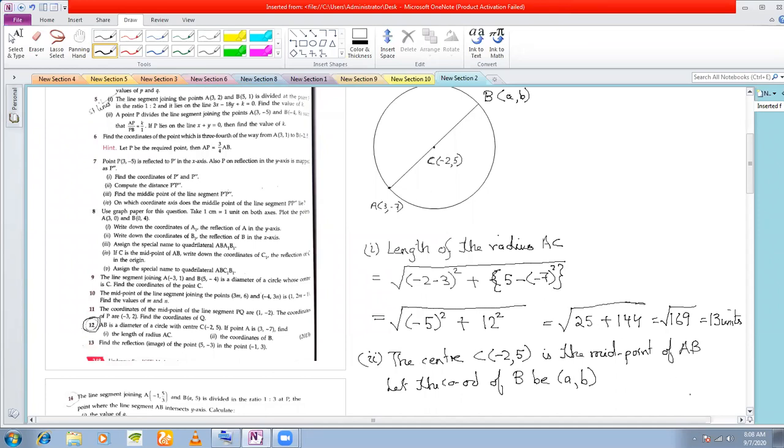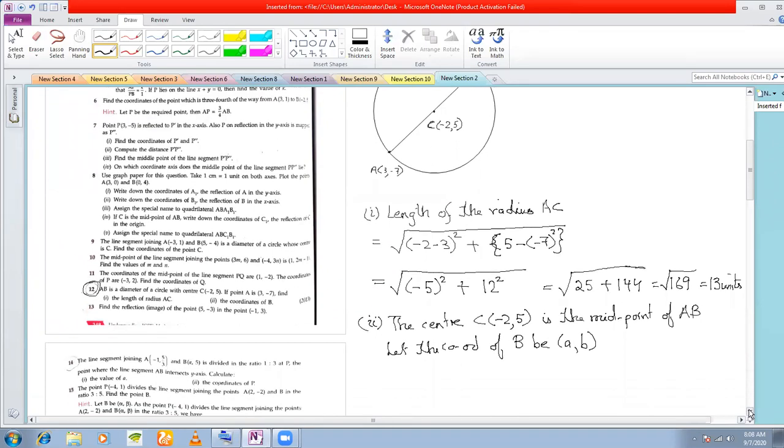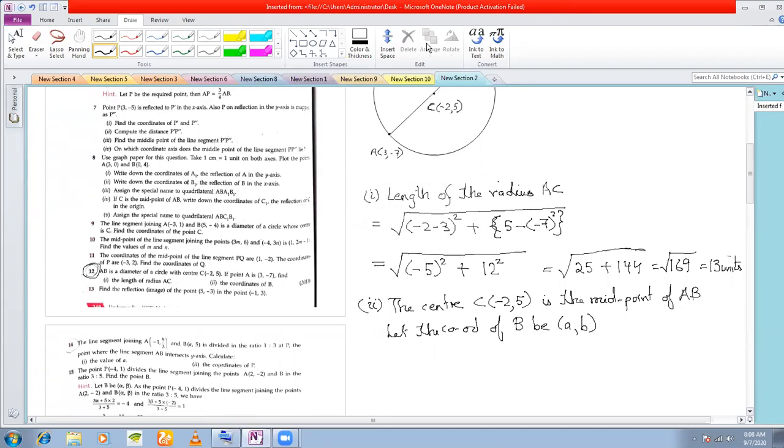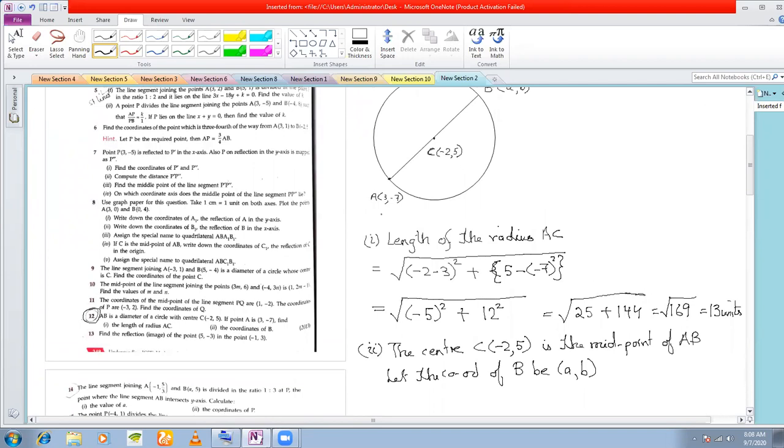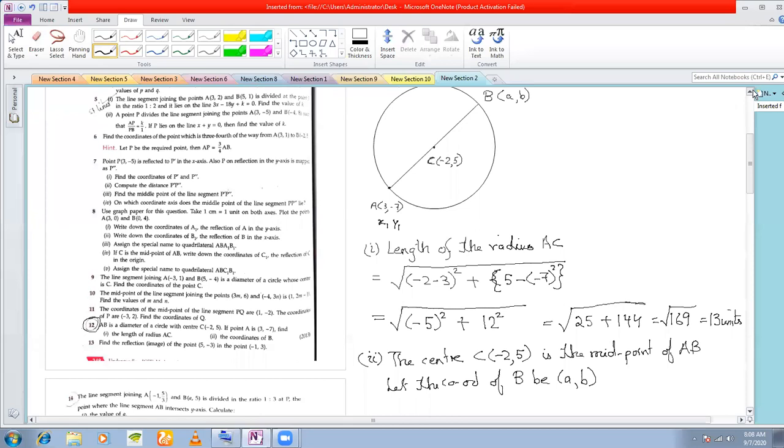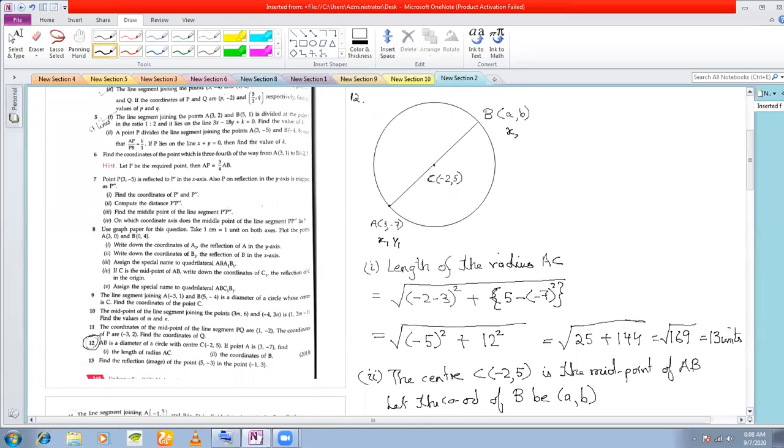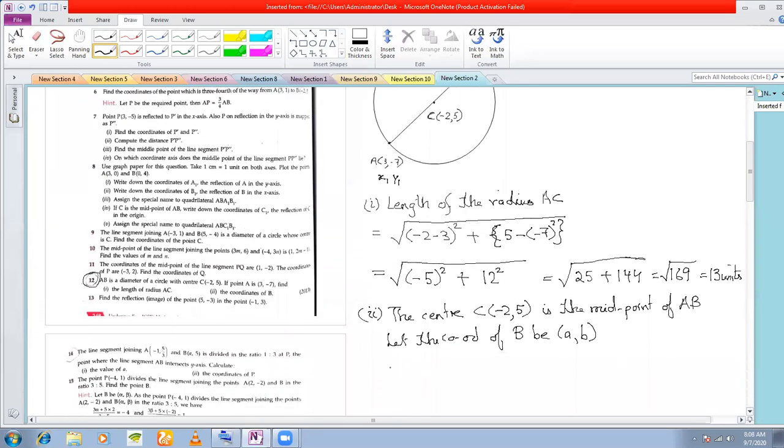C is the midpoint, and A is (3, minus 7). Let us take A as x1, y1, and let us take this as x2, y2.